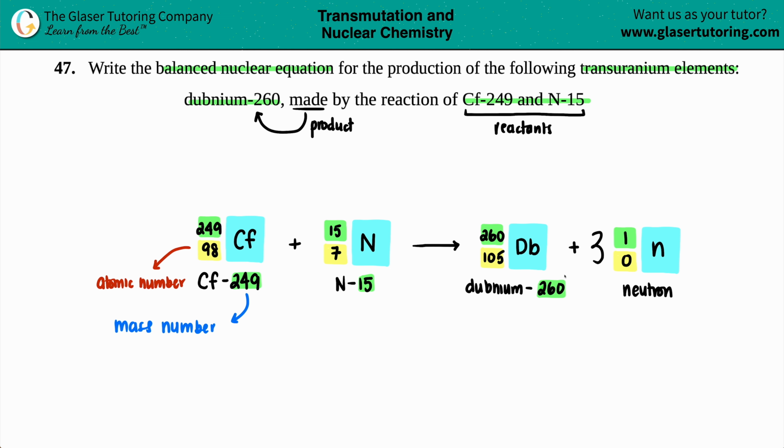If I needed 3, I'd put 3, but I need 4, so I'm going to use a big number 4. 4 times 1 is 4, and that's how you get the 4 technically on the top. 4 times 0 is 0, and that's why it doesn't change for the bottom number. And that's it. This is the final answer.